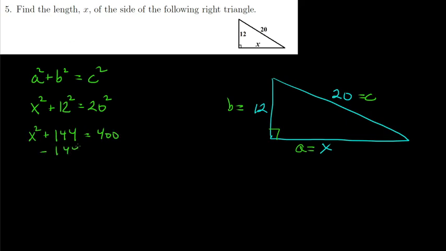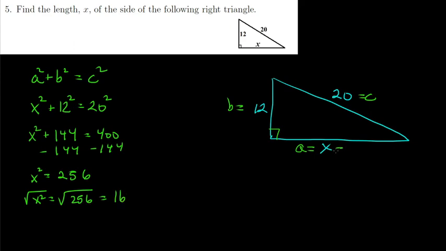So when you subtract the 144 from both sides, I think we get 256. And right, that's not x, that's x squared. So taking the square root of 256, you get 16.